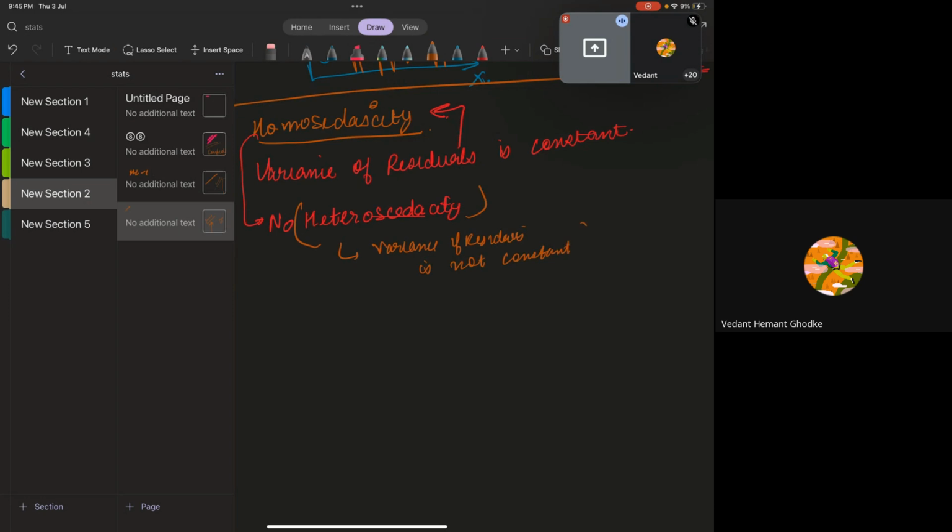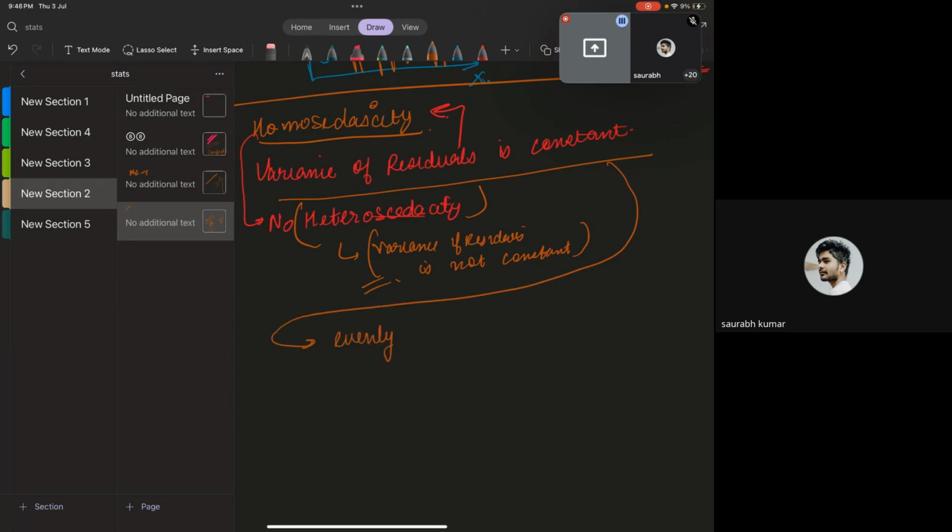Clear, everyone? Yes, we are. Now, what does it mean that the variance of residuals is evenly spread out? Basically, variance of residuals is constant or evenly spread out, or basically the residuals are evenly spread out.